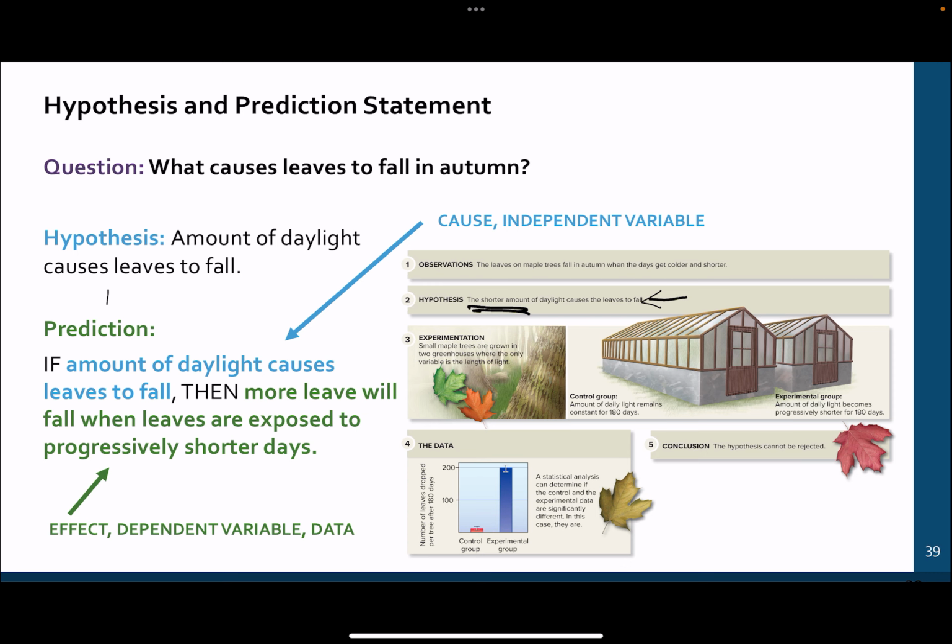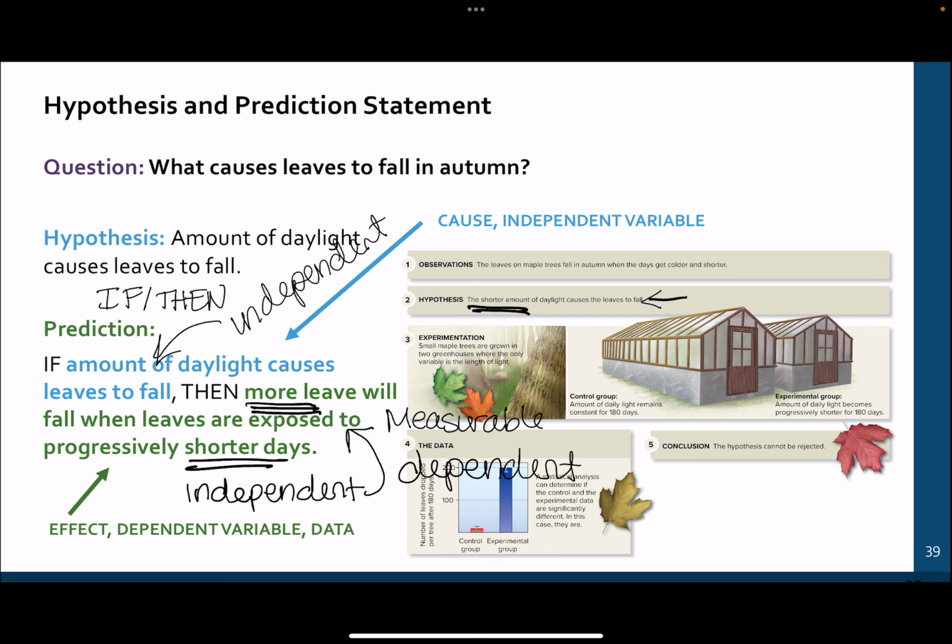Now our independent variable is also in that hypothesis. Amount of daylight. That is what we're using as our controlled variable in this particular sense. We can't control the sunlight, but we can measure it at different intervals.